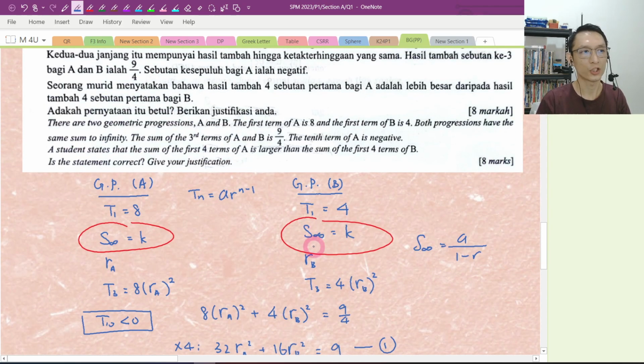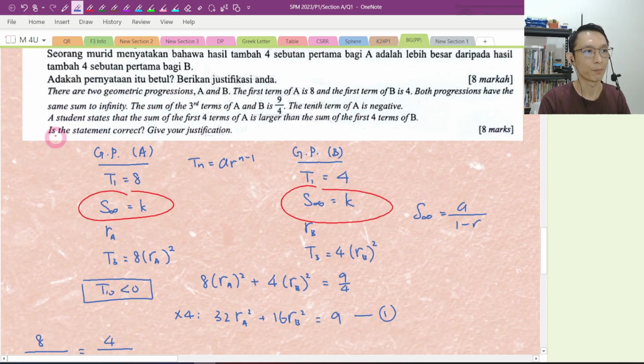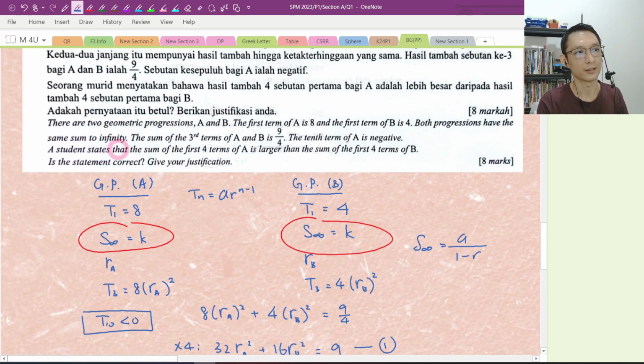What the question actually wants us to do is, a student states that the sum of the first 4 terms of A is larger than the sum of the first 4 terms of B. Is the statement correct? Give your justification.